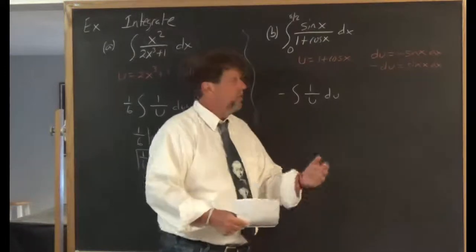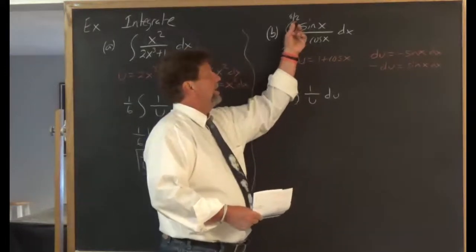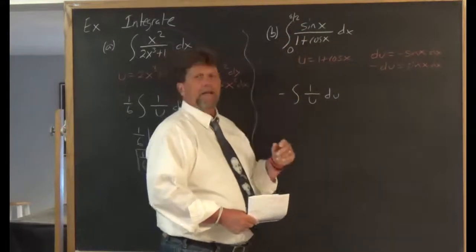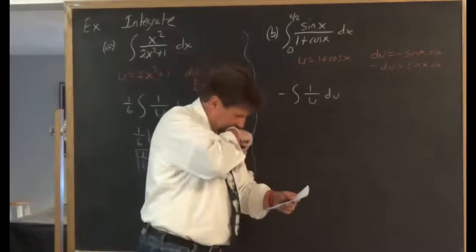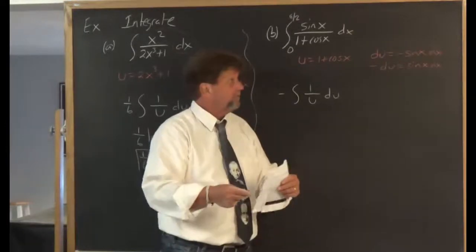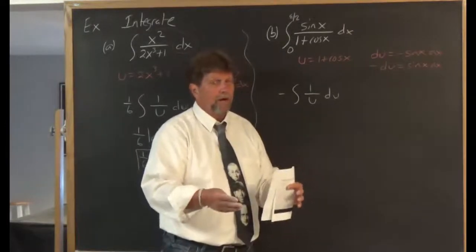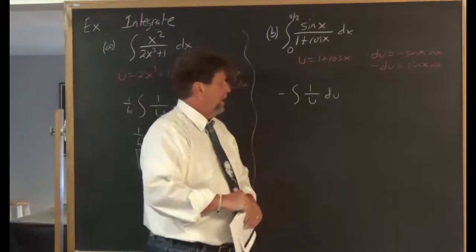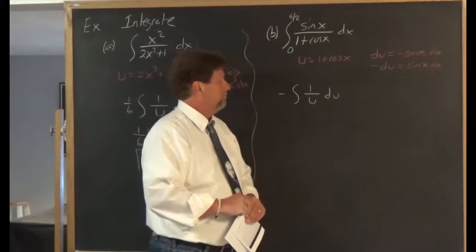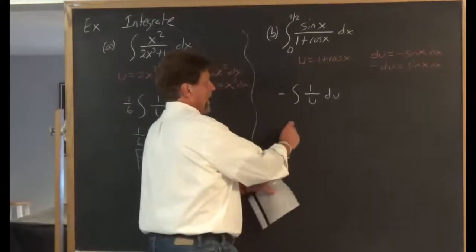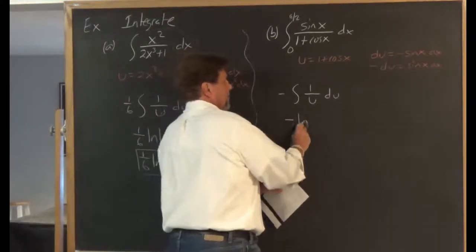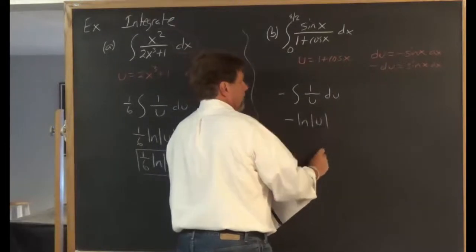Or route 2: change these x limits to u limits. And it does not matter at all which route we go. So I'm going to go route 1. I'm just going to leave it as is. Get my antiderivative: negative natural log absolute value of u.